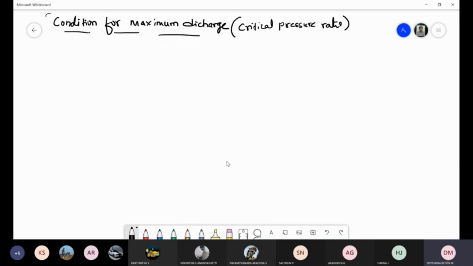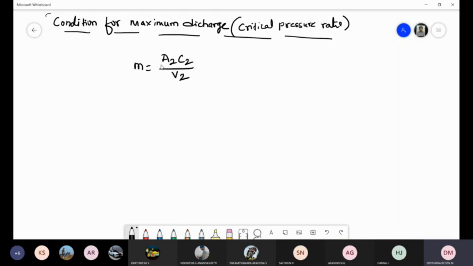So we know what are the different types of nozzles, right? Convergent nozzle and divergent nozzle. Always the nozzle is designed for maximum flow discharge. We take it as m is equal to A2 C2 by V2.